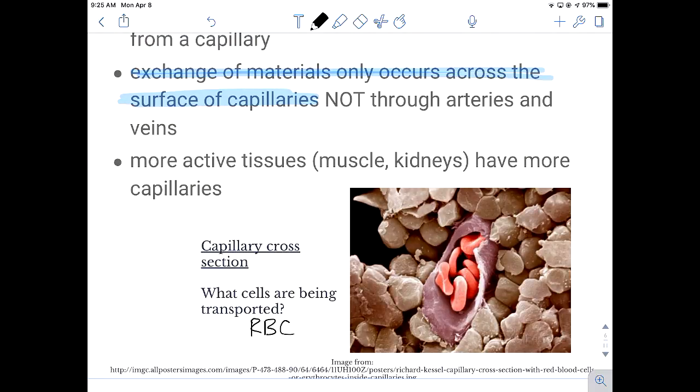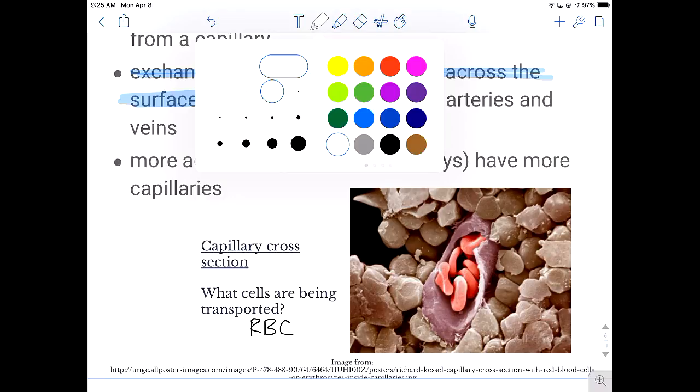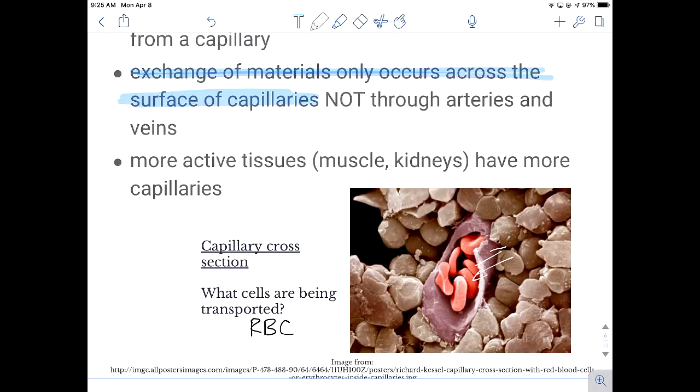Right here, I'm going to change pens. So between these red blood cells and the capillaries, we are exchanging O2 going out, CO2 coming in. So oxygen is going out to the cells around the capillary, and CO2 is coming into the cells, or probably into the plasma.